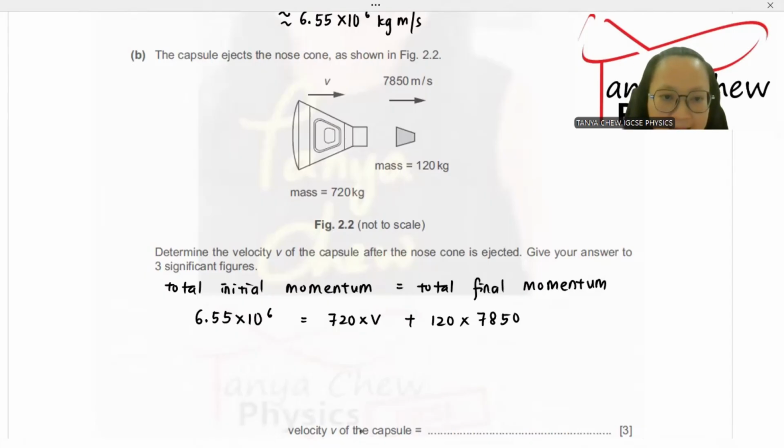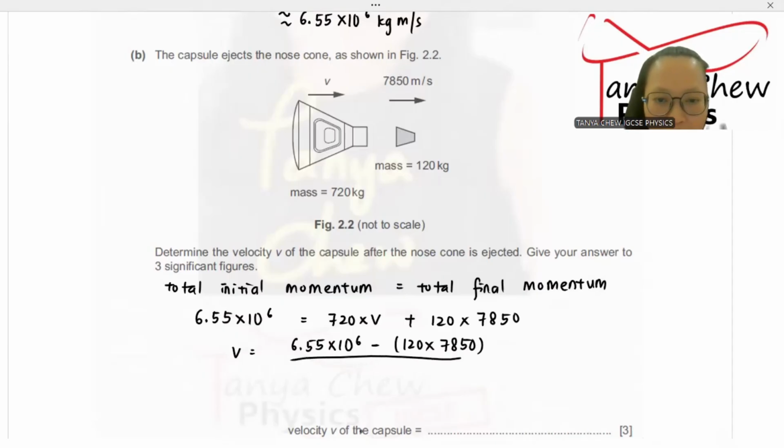So make V the subject. V is equal to 6.55 times 10 to the power of 6 minus 120 times 7,850, divided by 720.